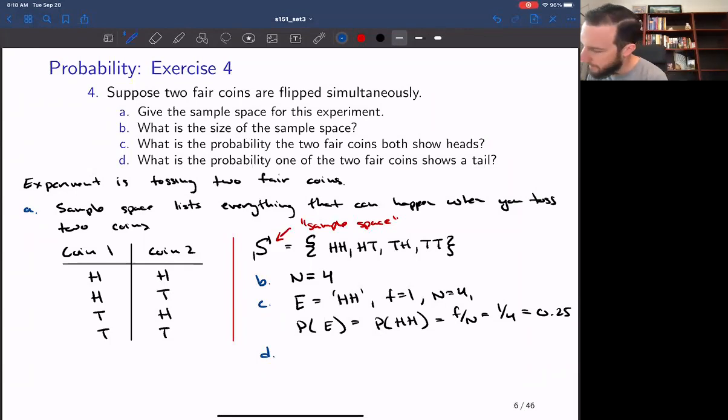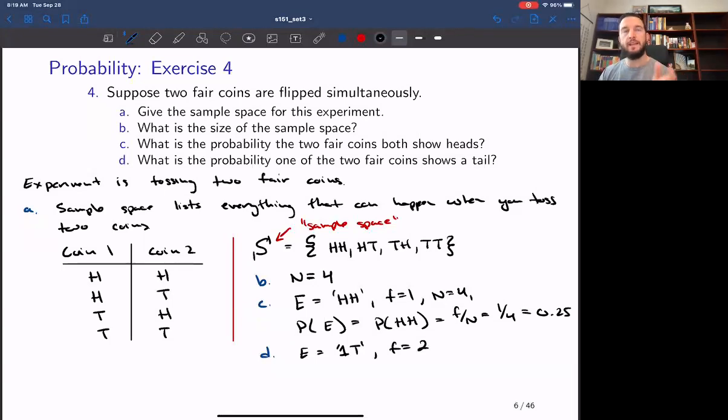Okay, so here we can write capital E is equal to, let's say, 1 tail. All right, so now we can see that there are 2 different ways that this can occur.